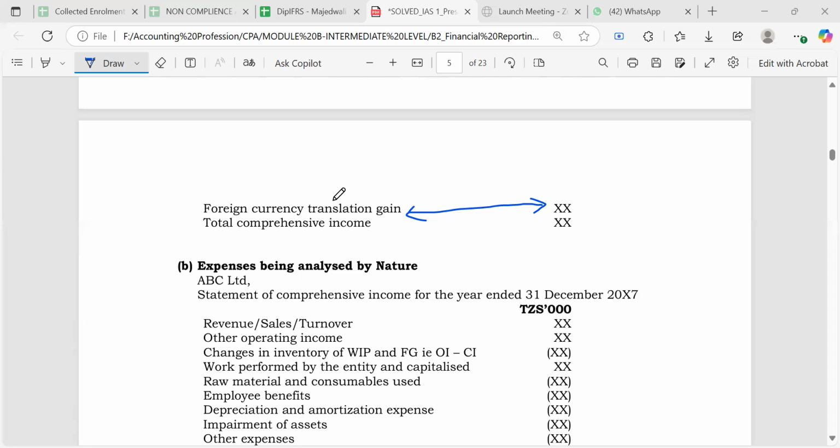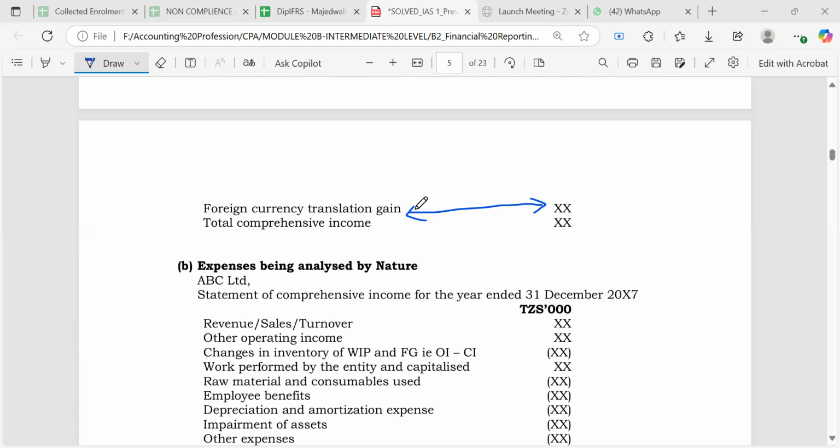Doing the conversion provides the gain or loss in foreign exchange that goes to other comprehensive income. You get it? So in that case, it goes to other comprehensive income. But in the previous one, it goes to profit or loss.